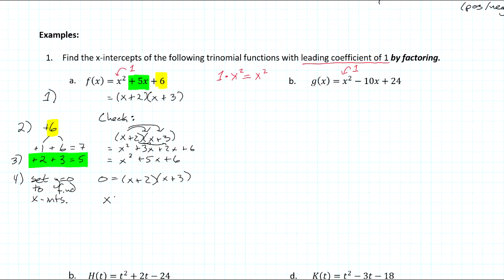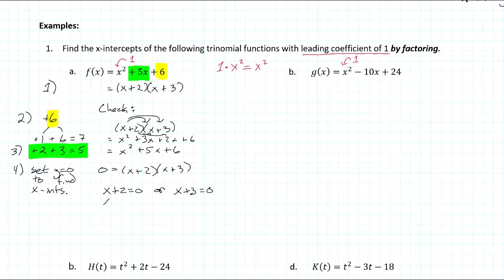And this tells me that x plus 2 equals 0 or x plus 3 equals 0. Solving for x in both of these, we get x equals negative 2 or x equals negative 3. So the x-intercepts are negative 2, 0 and negative 3, 0.